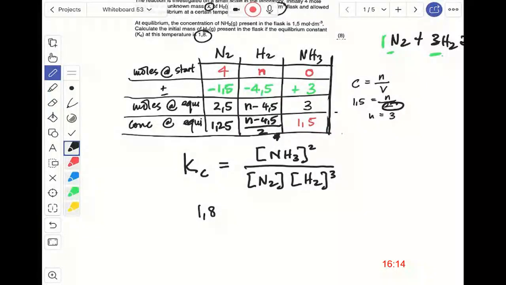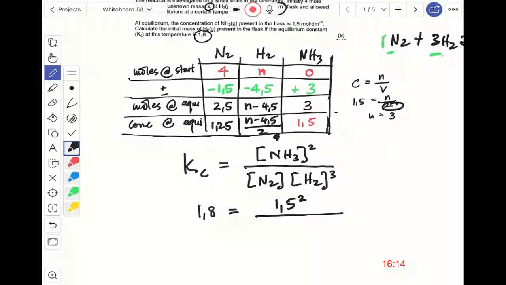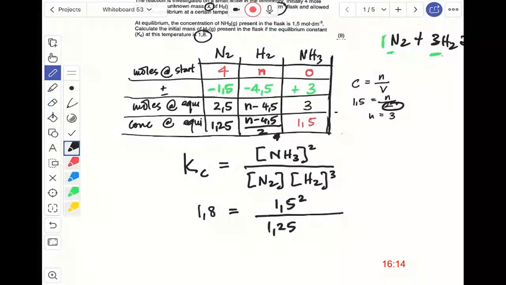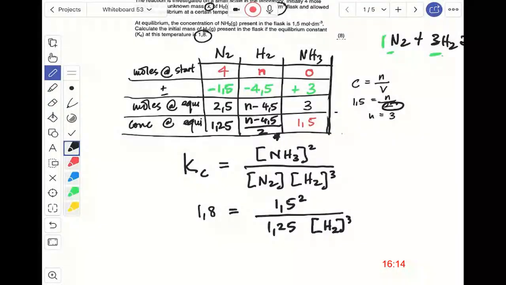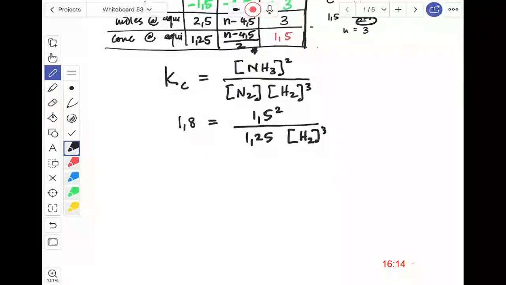What we do is we go to our NH3. We've got 1,5 squared. We go to our nitrogen. I've got 1,25. And I'm going to leave this as the concentration of hydrogen cubed, and solve this.